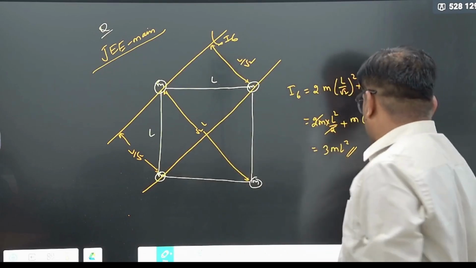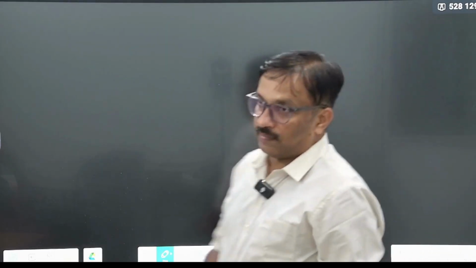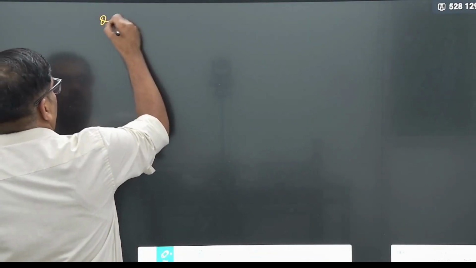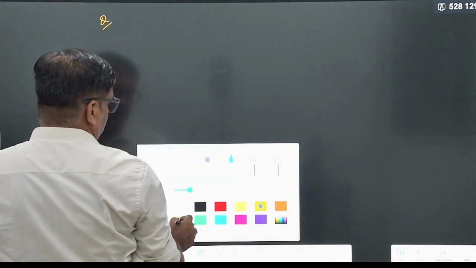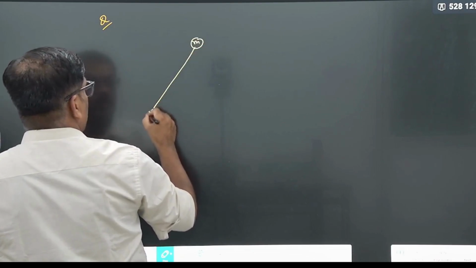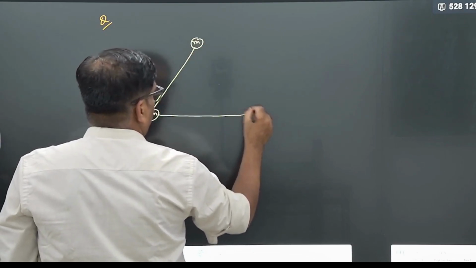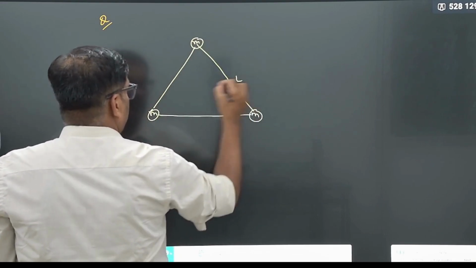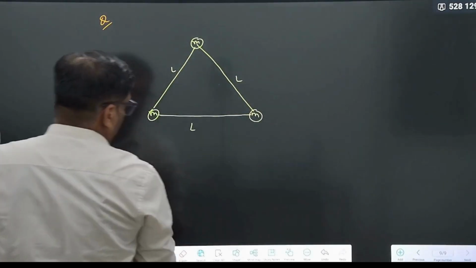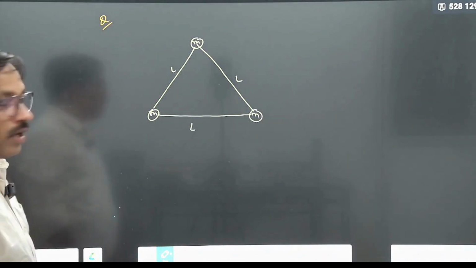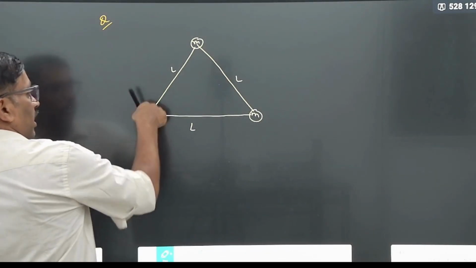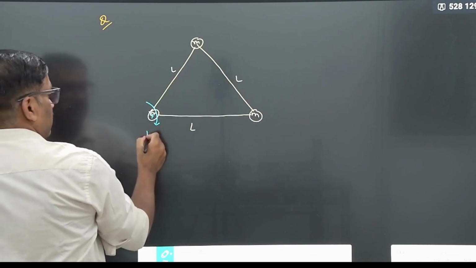We'll see one more concept here. One more question, very important. Similar type: these are the masses which are kept at the vertices of an equilateral triangle, right? Now if you want to calculate the moment of inertia about an axis passing through any one of the vertices perpendicular to the plane, this is I1.